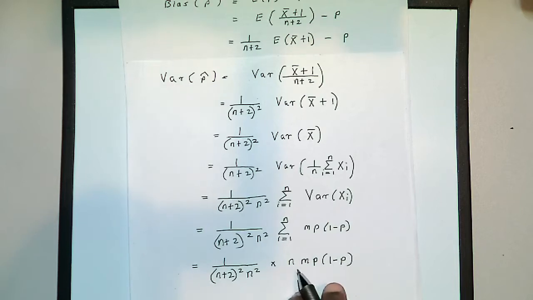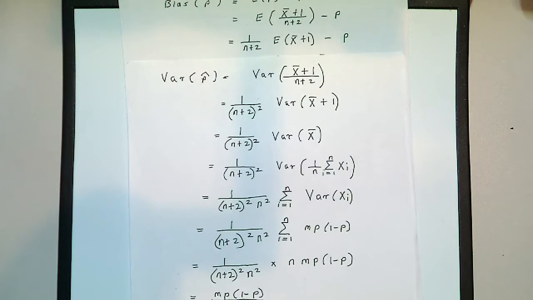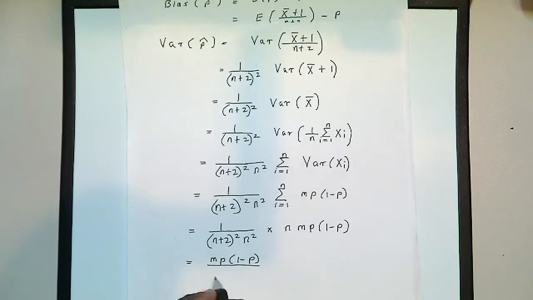This n will cancel with one of the n's here. So the final answer for the variance is m p 1 minus p divided by n, so this is the final formula for the variance of p hat.